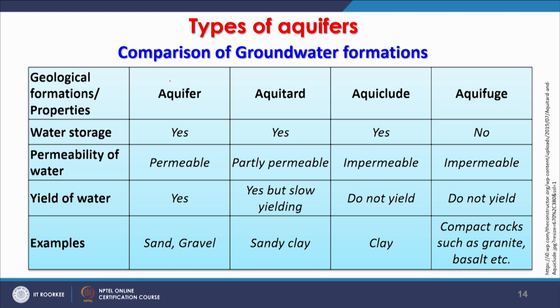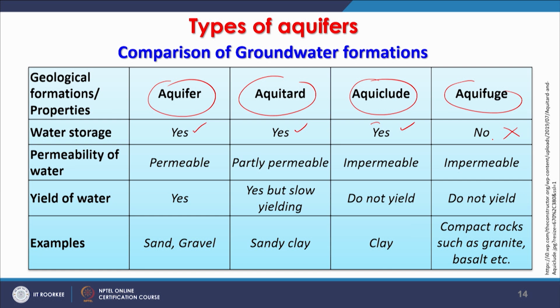So, first is the aquifer, then aquitard, aquiclude, aquifuge. Water storage: all three are having that capability, yes, yes, yes, but water storage in aquifuges is not possible. It does not have permeability, it does not have porosity. Permeability of water: in aquifer, of course permeable, aquitard partly permeable, aquiclude impermeable, and of course aquifuges also impermeable.